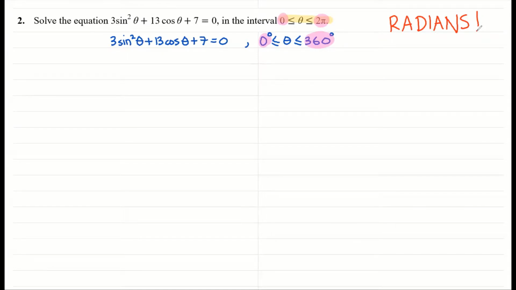We have a quadratic. Now, we look at the linear term, what I call the linear term here, and there is a cos theta. What that is telling you is that this needs to be a quadratic in terms of cos theta.